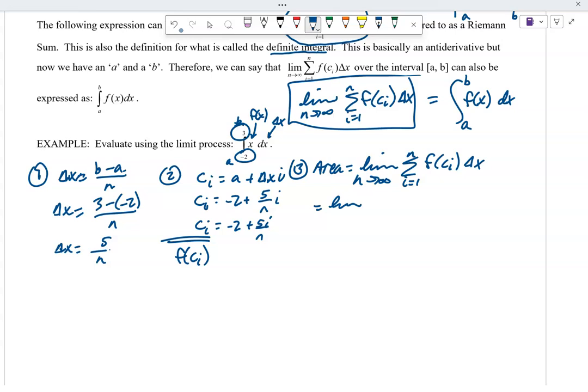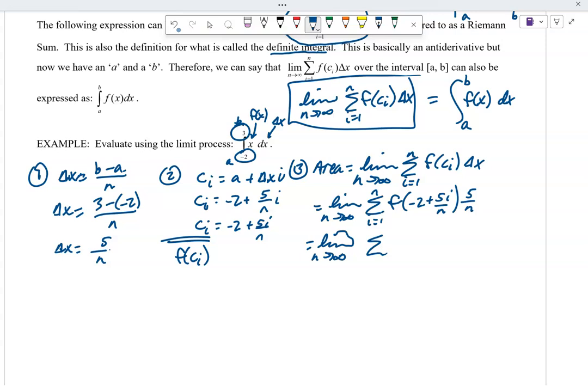So we get the limit as n goes to infinity of the summation of f of ci, where our ci is -2 plus 5i over n, times our delta x, which is 5 over n.